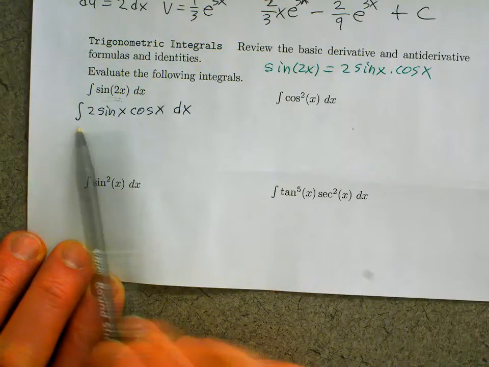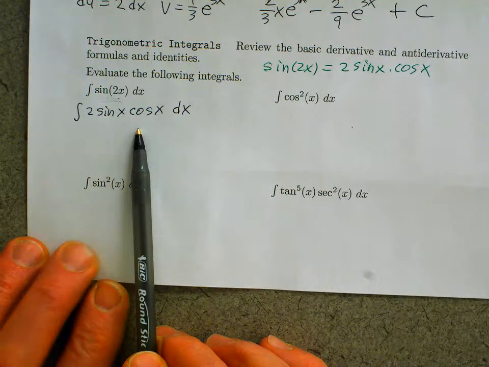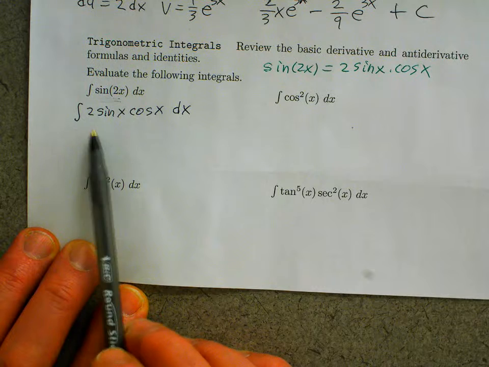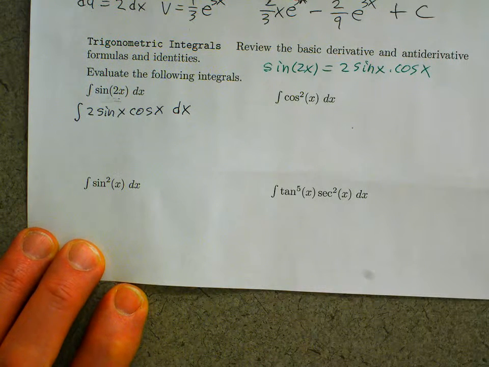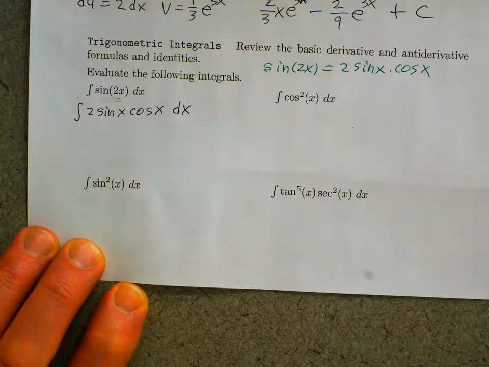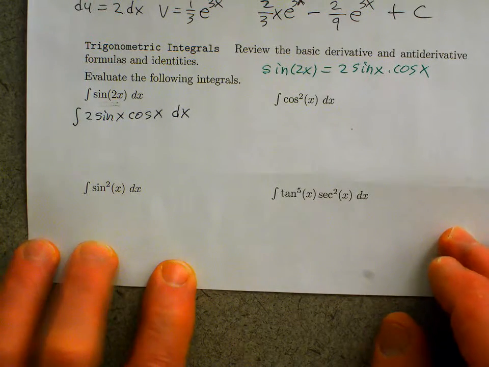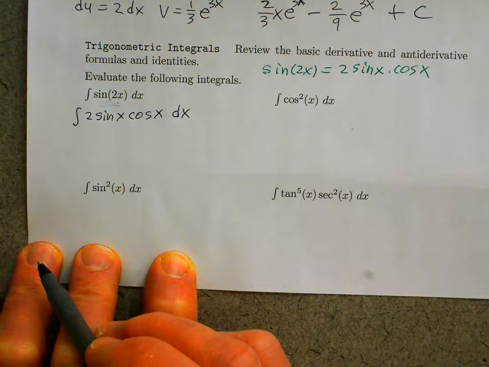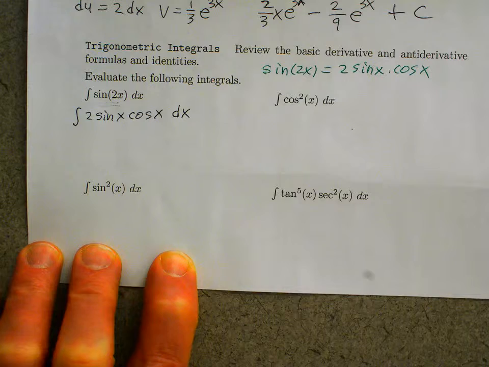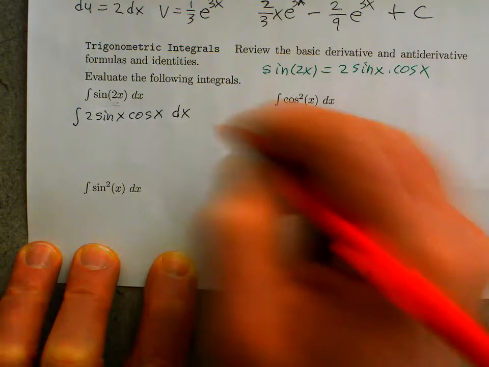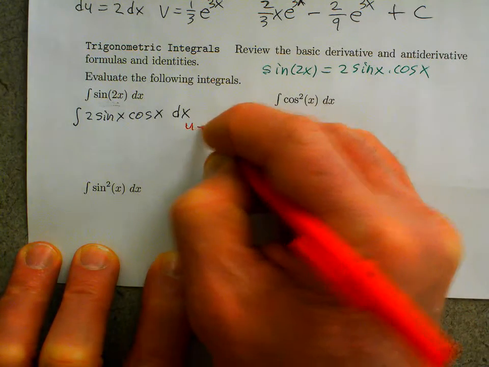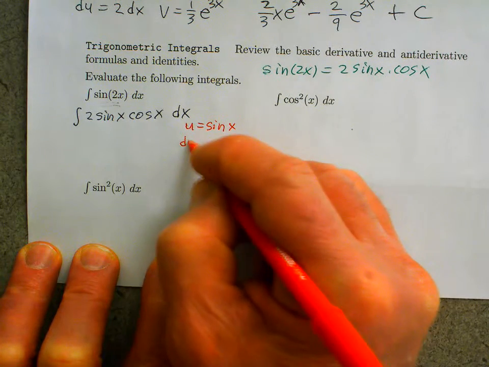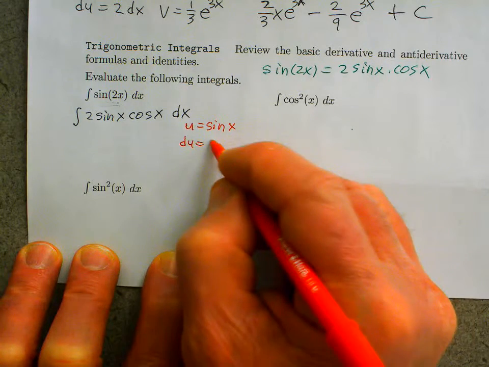And then to proceed, is there something that comes to mind when you look at the indefinite integral of 2 times sine of x cosine of x dx? The thing that jumps out at me is an application of the substitution rule. So if I pick u to be sine of x, du is cosine of x dx.